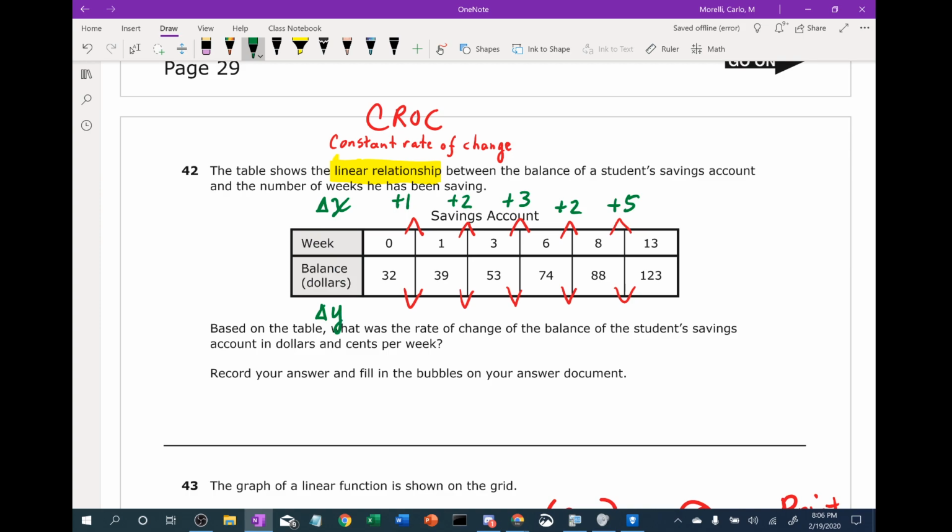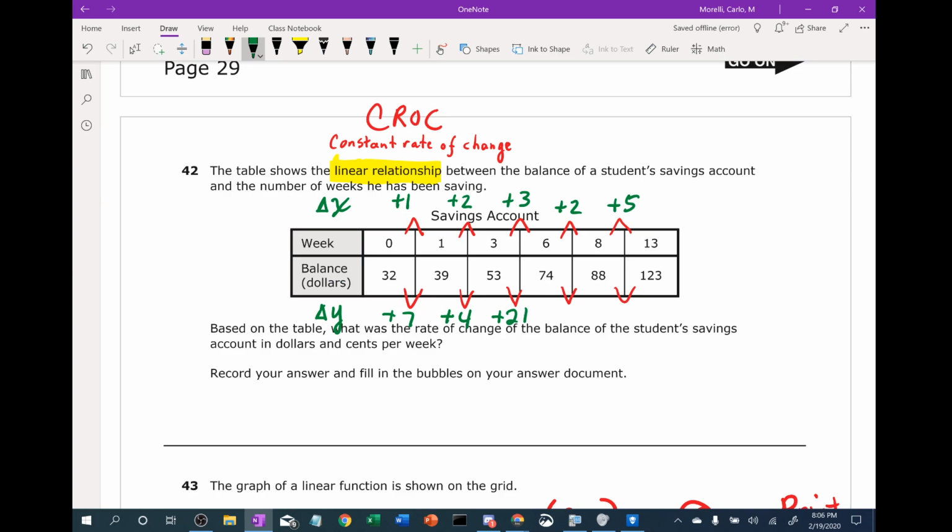So let's keep working. So from 32 to 39, that's +7. From 39 to 53, that's +4. From 53 to 74, that is +21. Wow. 53, 63, 73, 74. Okay.